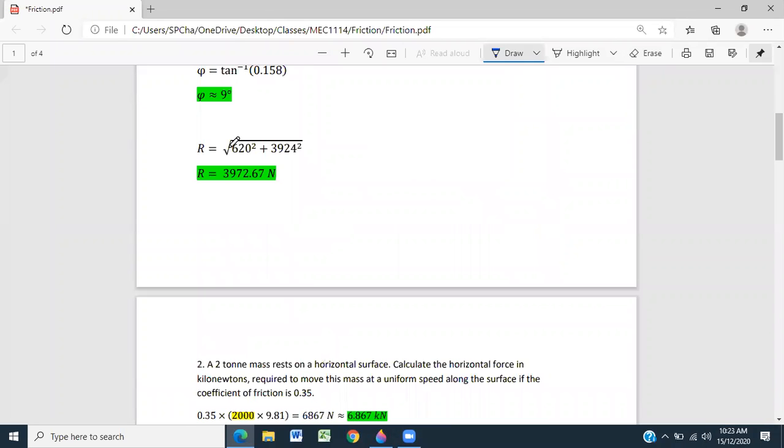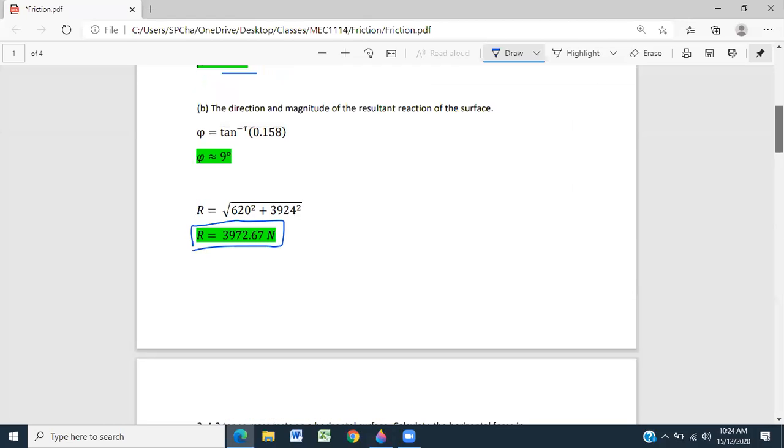So R is equal to the square root of 620 squared plus 3,924 squared, and that's equal to 3,972.67 newtons. And you can check this back as you work along. Okay, so any questions on this one? Very simple, right?